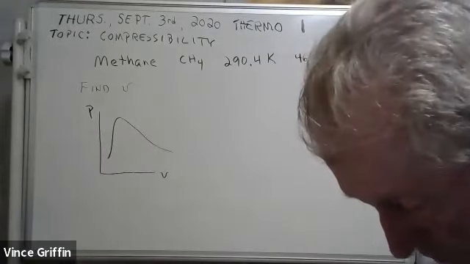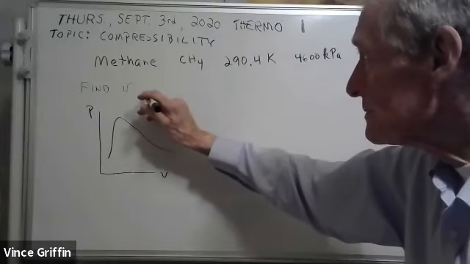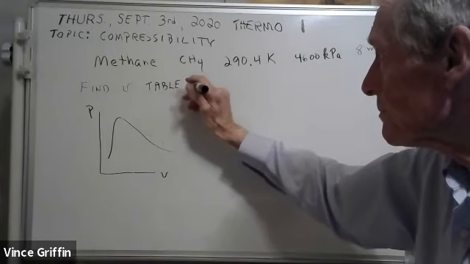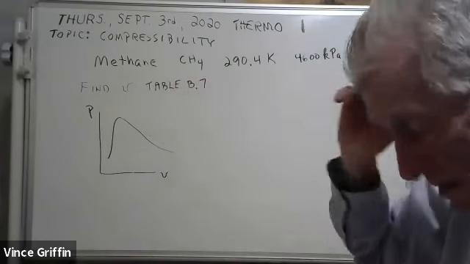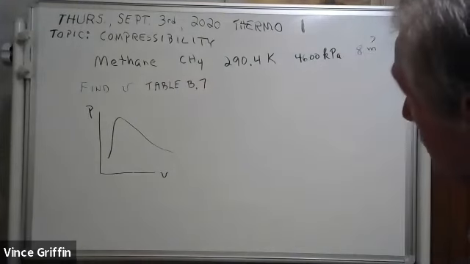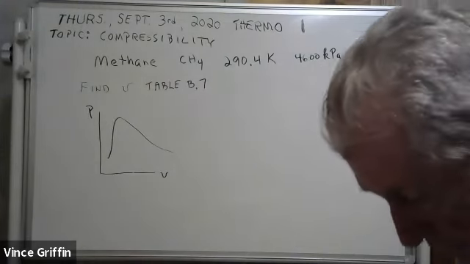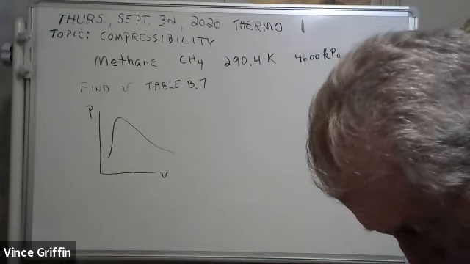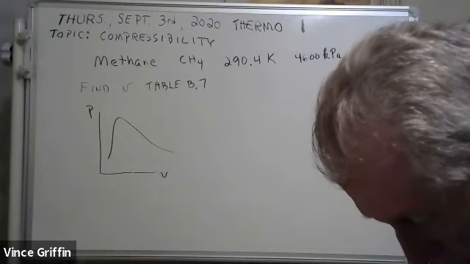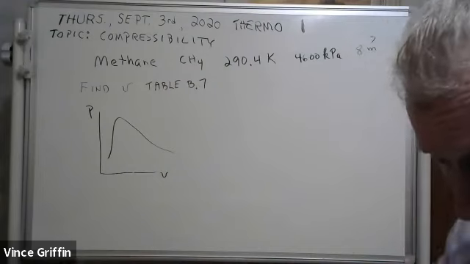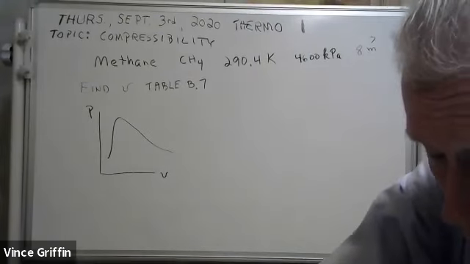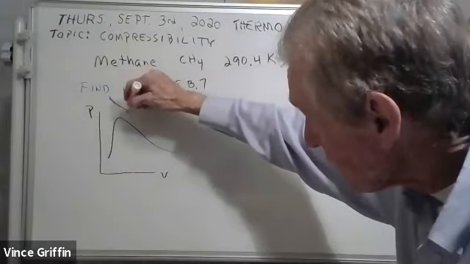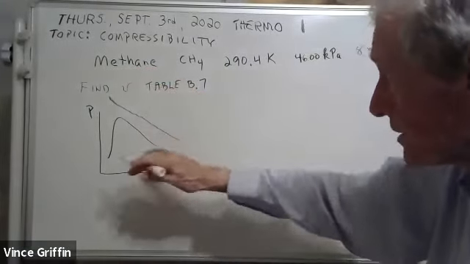Now I'm looking at table B.7, and we want 490.4 K. Well, where is that? Oh, gee. That's up above the vapor dome. That's way up here someplace. It's not in the vapor dome.